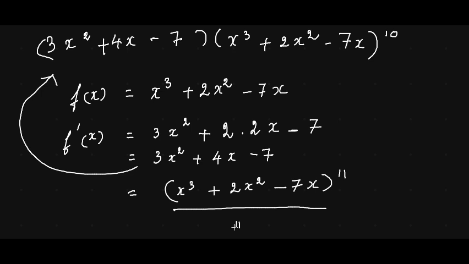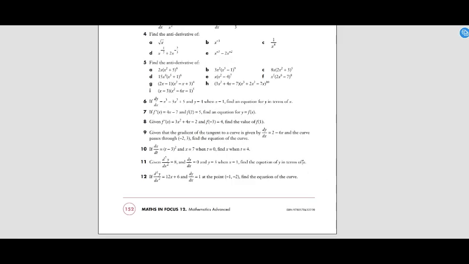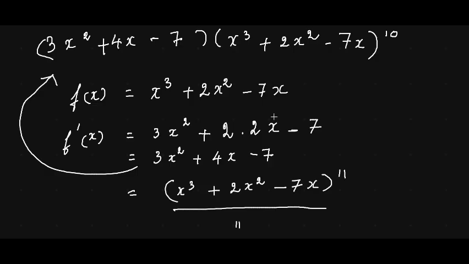And the book answer is, let's see, I'm going to go back to my question. It is 5h. Okay, so 5h is x cubed plus 2x squared minus 7x to the power of 11.